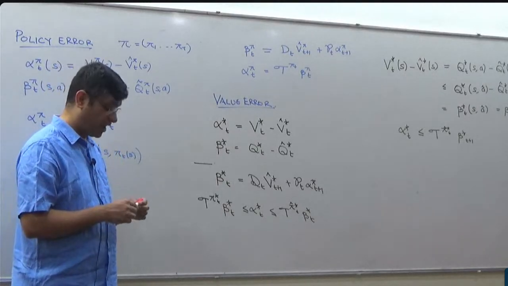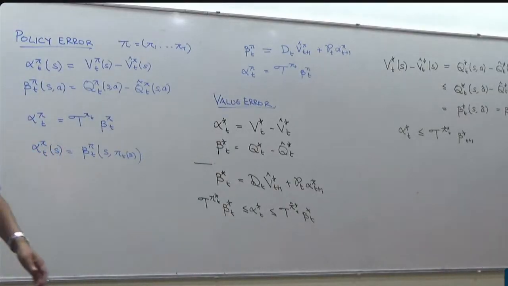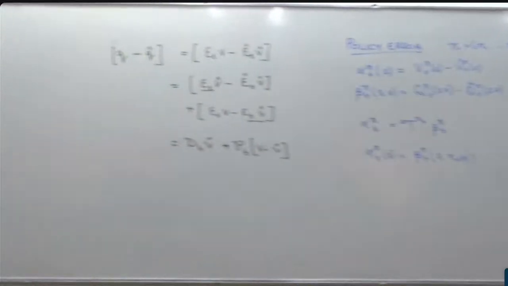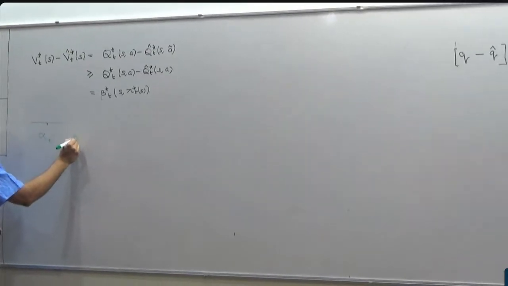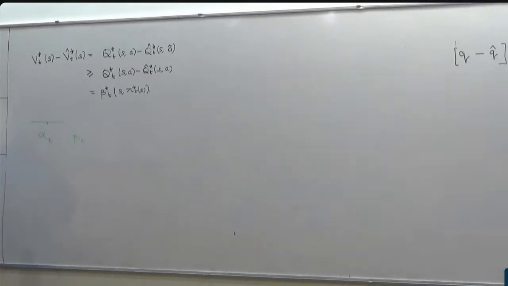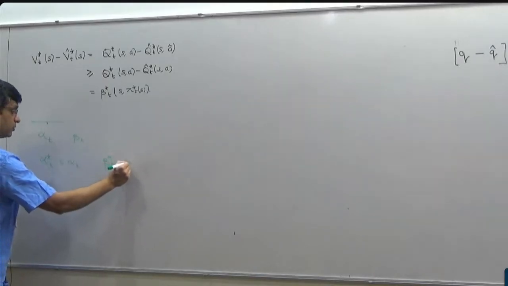So if I wanted to get any type of bound, I can do the following. Suppose I get expressions, let's call them alpha t and beta t, and I want to ensure that alpha star t is less than or equal to alpha t and beta star t is less than or equal to beta t.